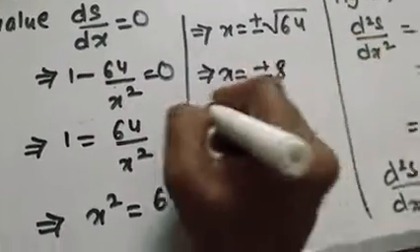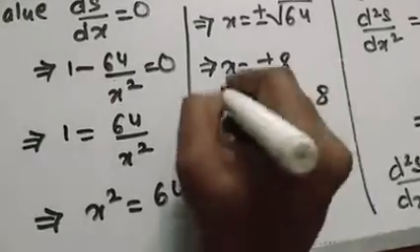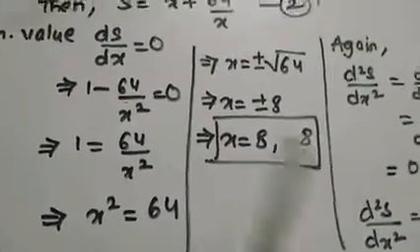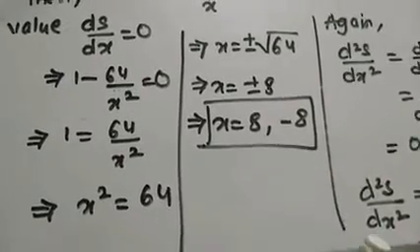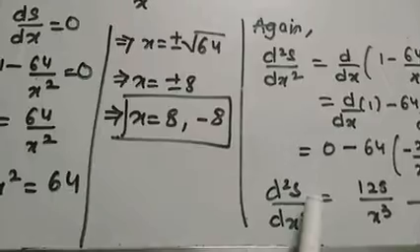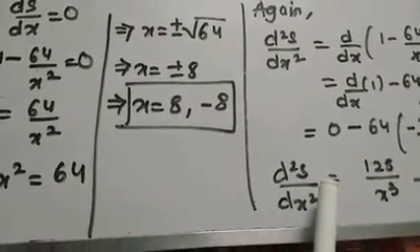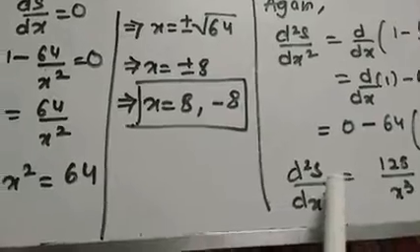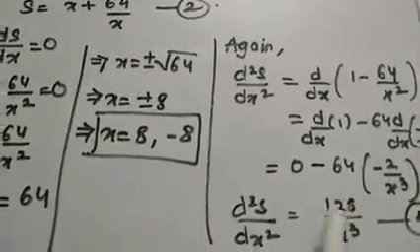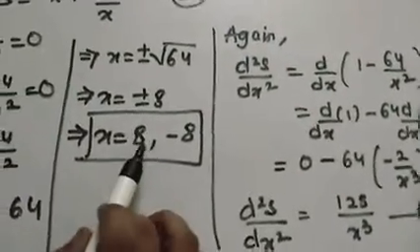So we got two values, one is plus 8, another one is minus 8. So we are going to put these two values and check for which value this d2s by dx2 gives minimum. Minimum means positive. So we will check for which value this double derivative gives positive.